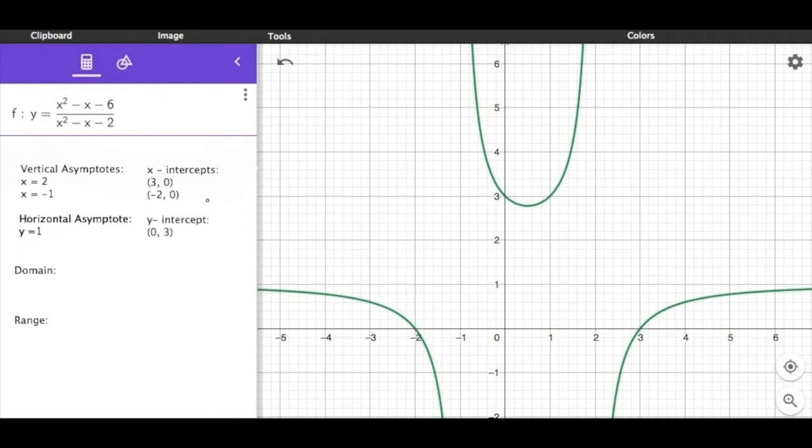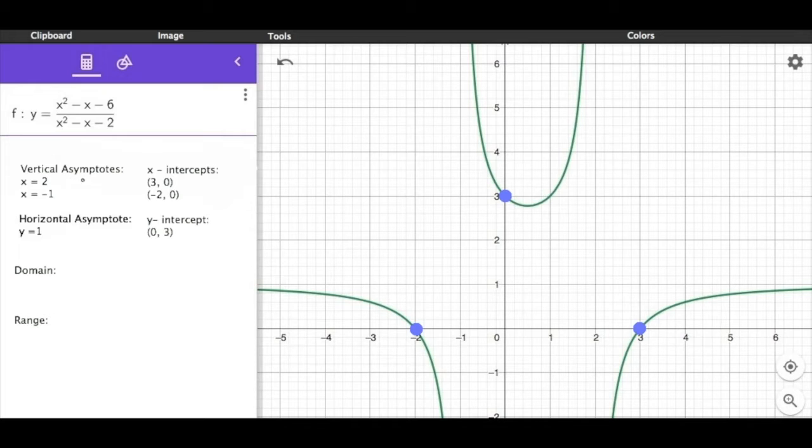Now that we have our intercepts and our asymptotes, we can make our graph. We used an online graphing tool to corroborate our points, and we can see that they match. The y-intercept is at 0,3, this point. The x-intercepts, we have two, one at 3,0, this point, and the other at minus 2,0, this point.